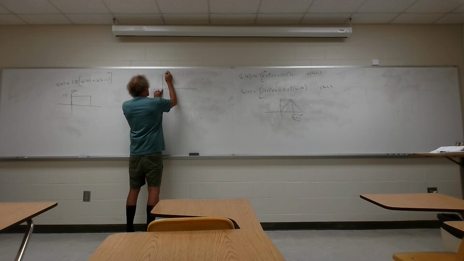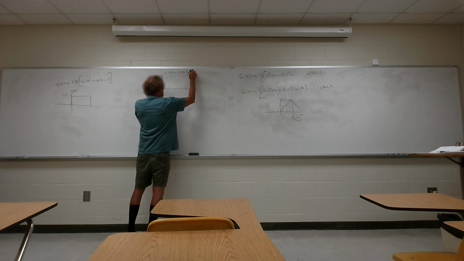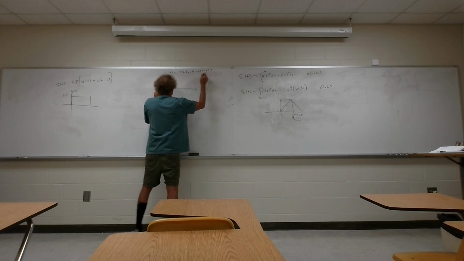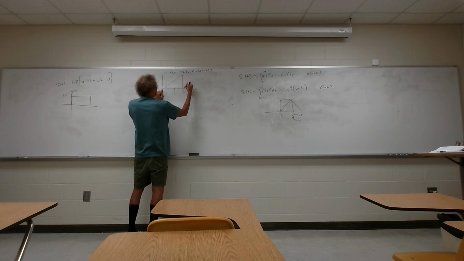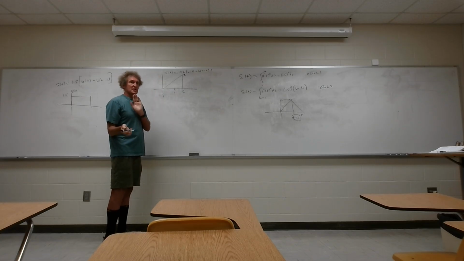So it's saying my transmitted signal is going to be 1.5 times t times u of t minus u of t minus 2. So that looks like this. It's linear. The height of this at 2 would be 2 times 1.5, so it's going to have a height of 3. Sorry about that.